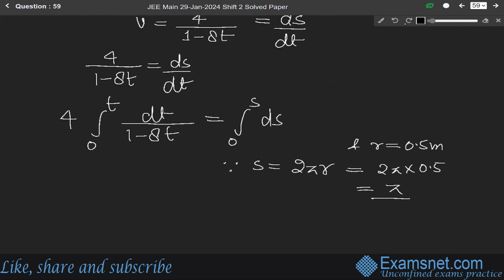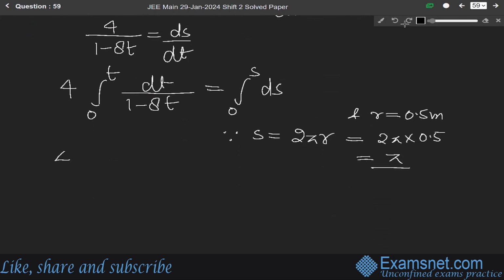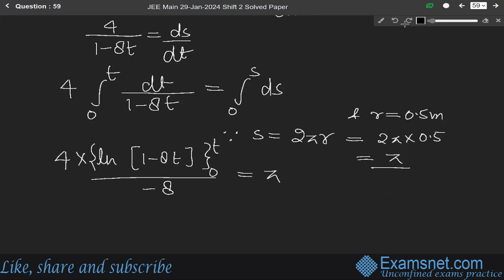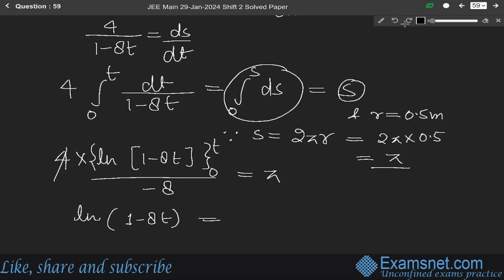Okay, now putting the value, we get 4 into log of 1 minus 8t, and the limit is from 0 to t, over minus 8, will be equal to pi. This will become s, and the value of s is pi. So we get log of 1 minus 8t is equal to minus 2 pi.